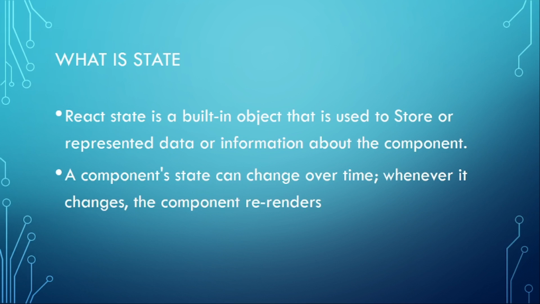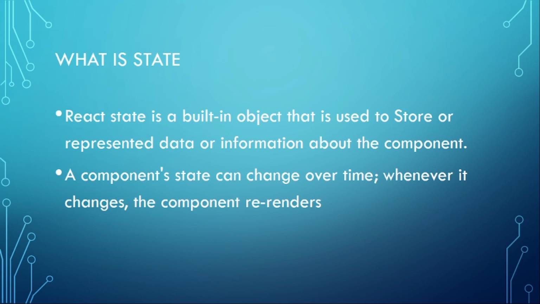So, React state is a built-in object that is used to store or represent the data or information about the component. As you know, we create different components in a React application, and the data and information of each component can be represented by the React state.